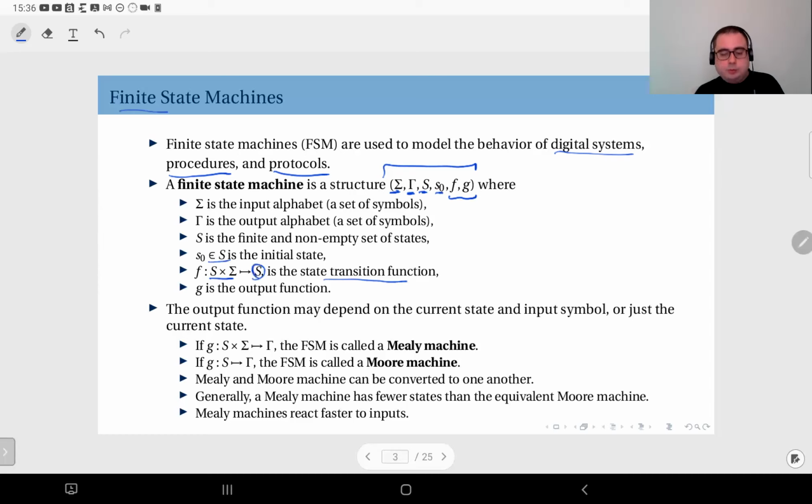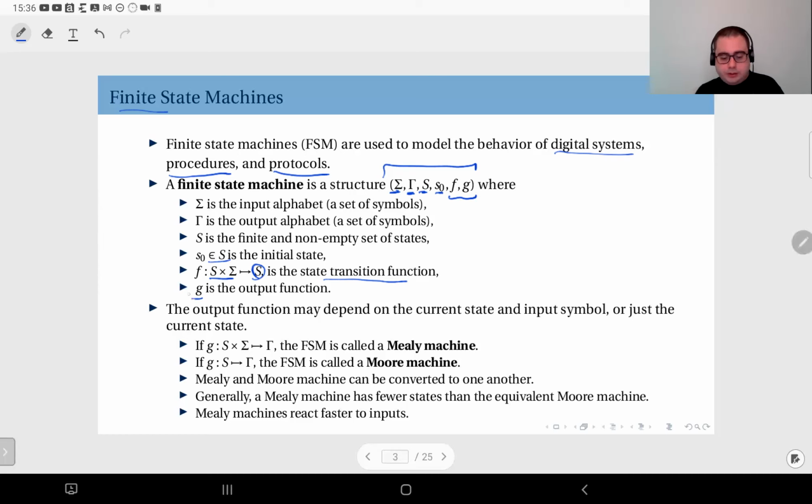And of course, the output is a state, which signifies the next state. So usually these are clocked systems. So you have the concept of a time slot, and every slot you have a current state and an input symbol. Combine these together through the function f, you get a next state.